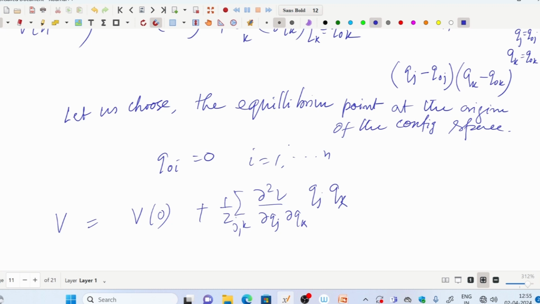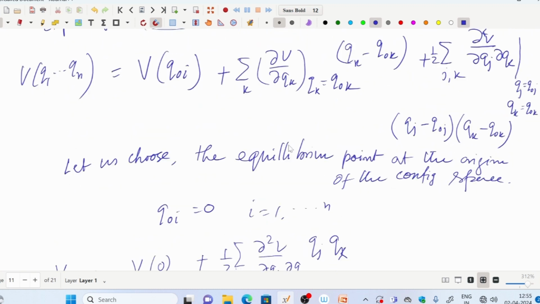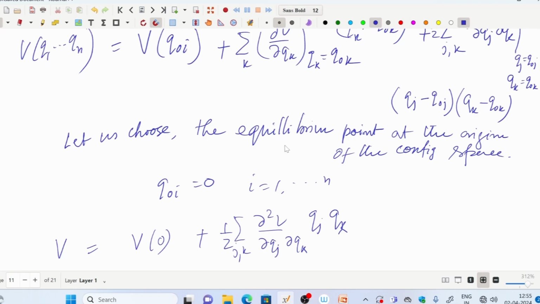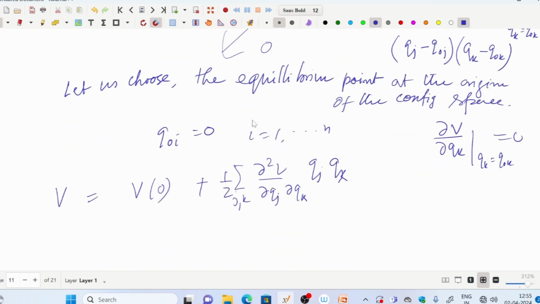Here I want to mention that because this is the minima, the equilibrium position, the first derivative del V del q k at q k equal to q 0 k is 0. So, this term will be 0 because these are the minima.